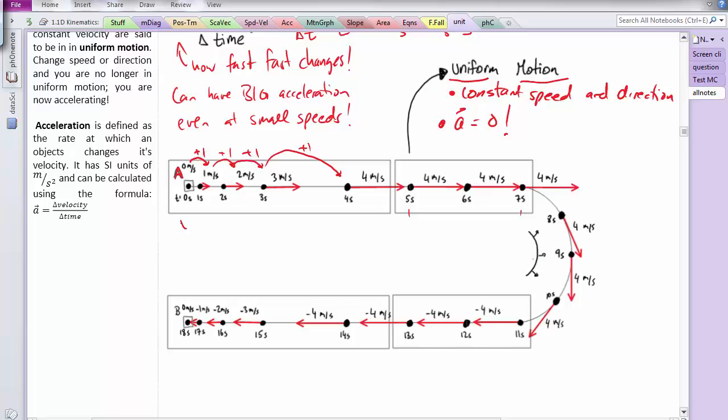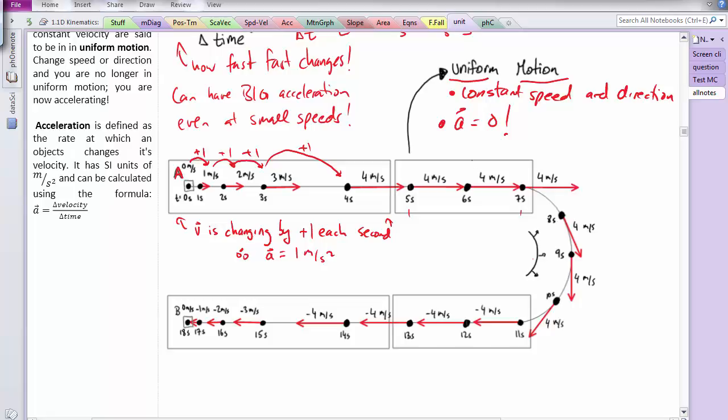So in this box here, we should note that v is changing by +1 each second. So if it's changing 1 meter per second each second, it should make sense that the acceleration is 1 meter per second squared.